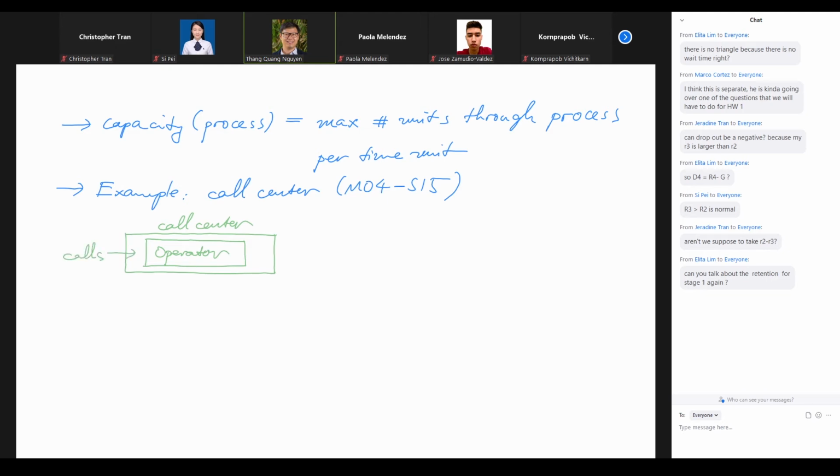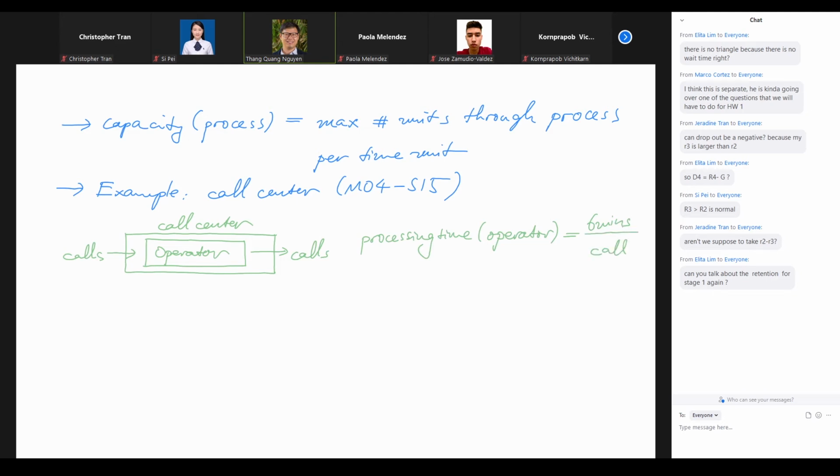So the flow units are the calls, right? And they tell us it takes the operator 6 minutes to answer one call. So in this case, we know that the processing time of the operator is 6 minutes per call.